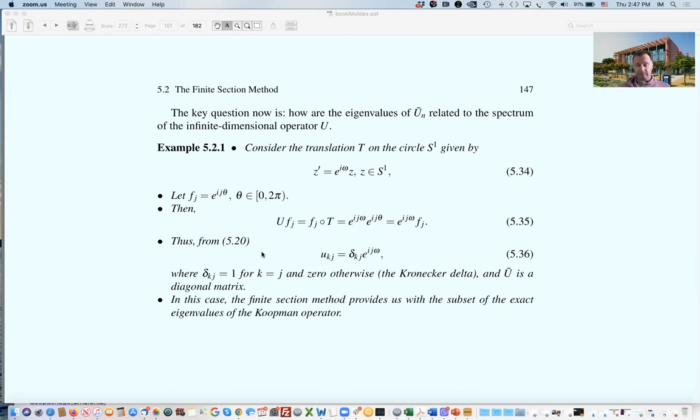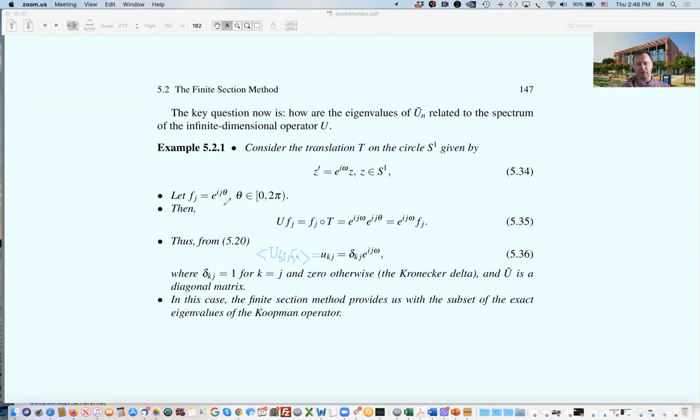Now the kj-th element of the matrix is obtained by taking what we just got and inner producting with fk. That would be the inner product of U fj with fk. This works because the basis functions e to the ij theta are orthonormal.